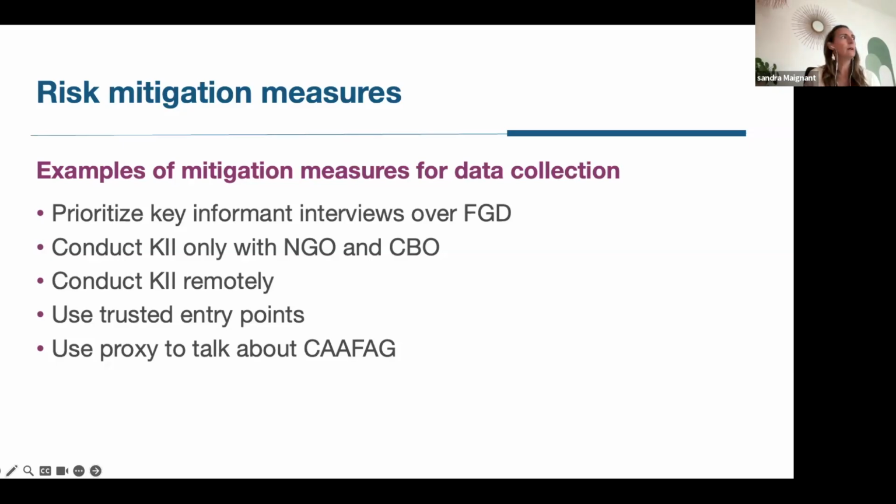Another way we've done it, I think that was in CAR. So in CAR, the CPOR at the time, which will soon no longer exist, had planned a needs assessment for child protection, something wider. So we were talking about child marriage and child labor and unaccompanied separated children. And so CAAFAG was one of them.